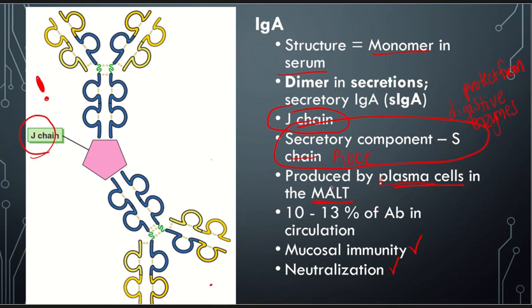And you'll find mucosa-associated lymphoid tissue toward the end of your small intestine, like lining in the mucosa of your ileum, places like that.